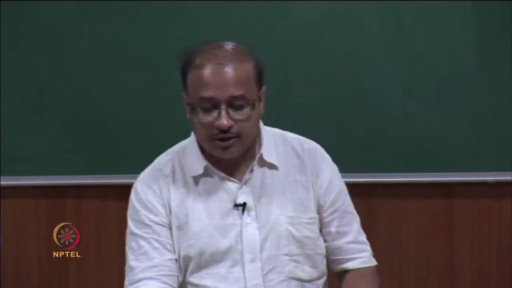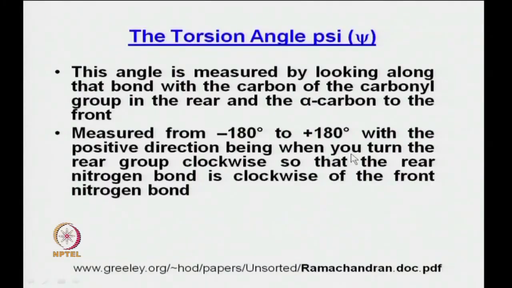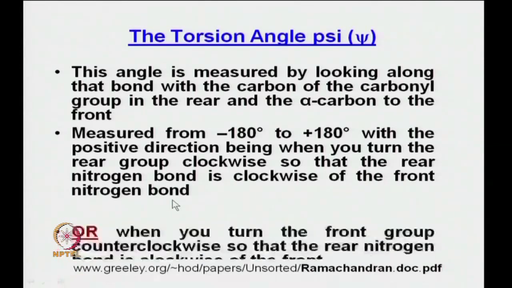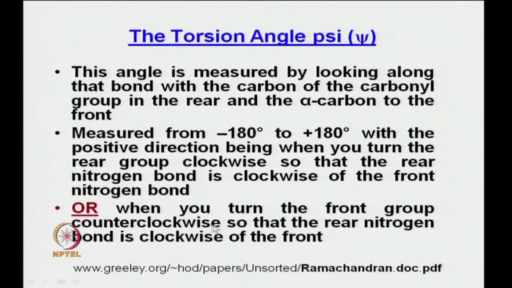When you turn the rear group clockwise, so that the rear nitrogen bond is clockwise of the front nitrogen bond, or when you turn the front group counterclockwise, so that the rear nitrogen bond is clockwise of the front one. Okay. Let us take a quick look at this. Here it says the positive direction being when you turn the rear group clockwise, so that the rear nitrogen is clockwise of the front nitrogen bond.